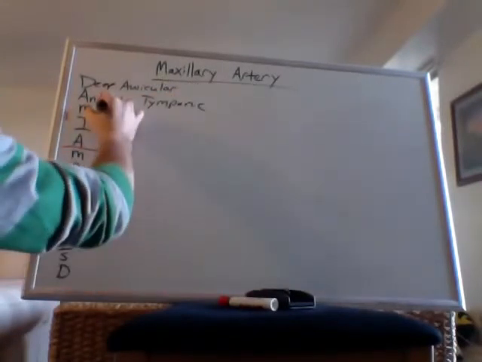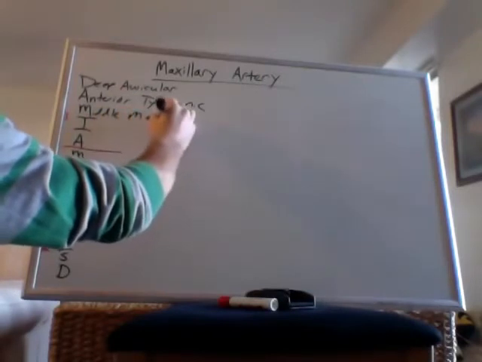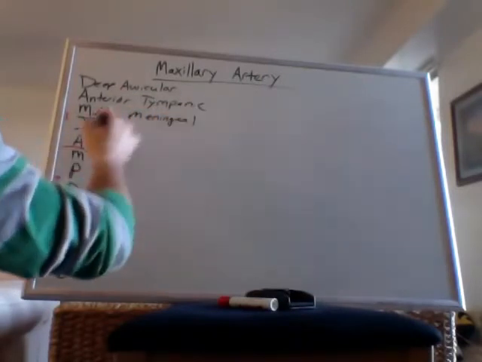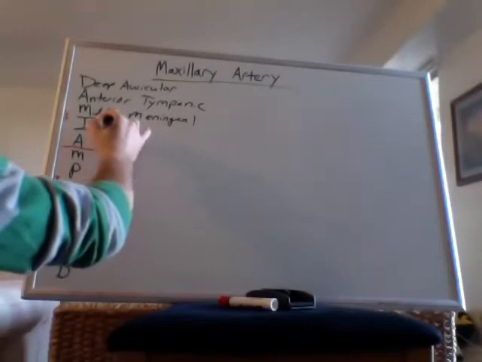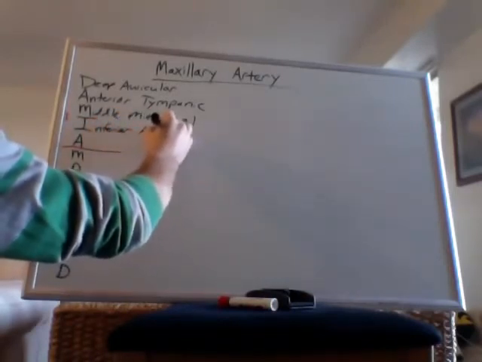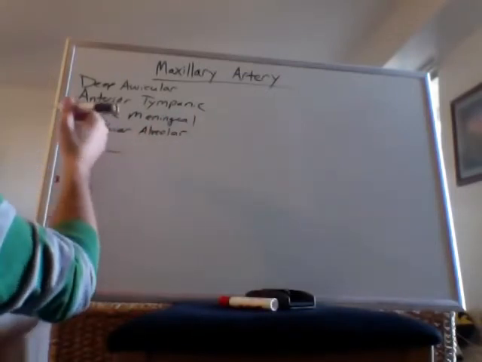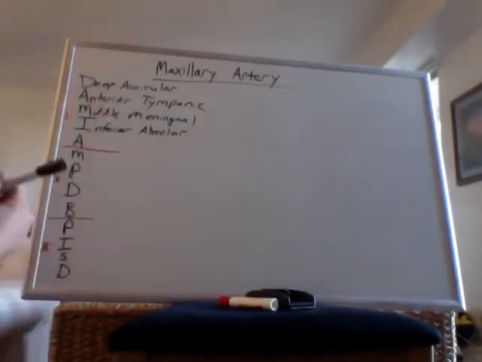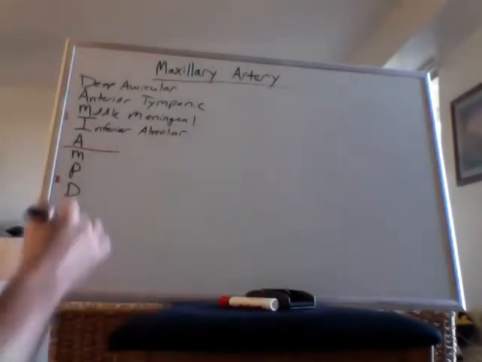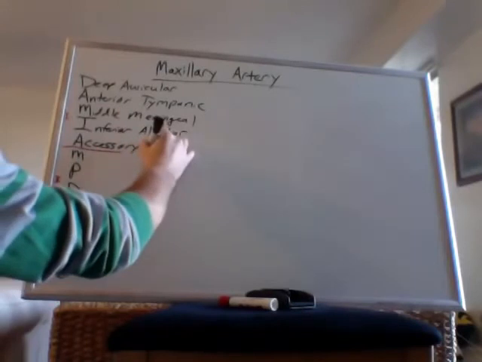Next one is your middle meningeal. And then that's followed by your inferior alveolar. I think I'm spelling these right. The next one, or the last branch off of your first segment, is the accessory meningeal.